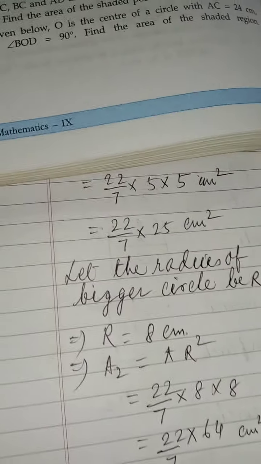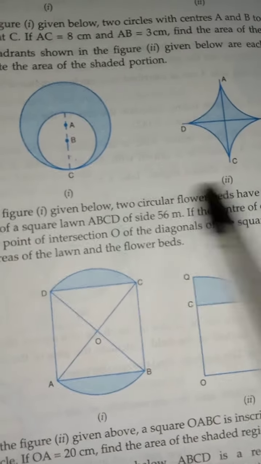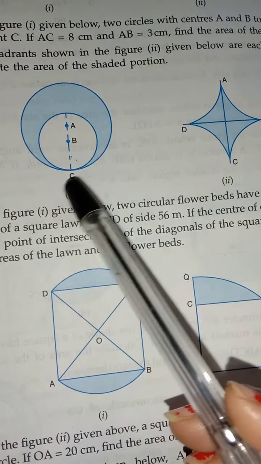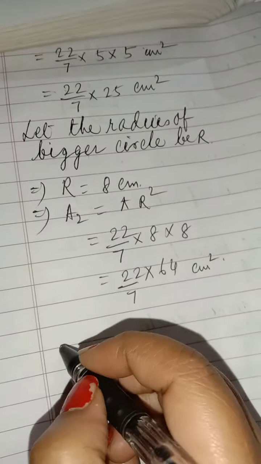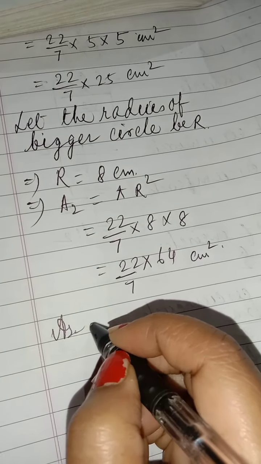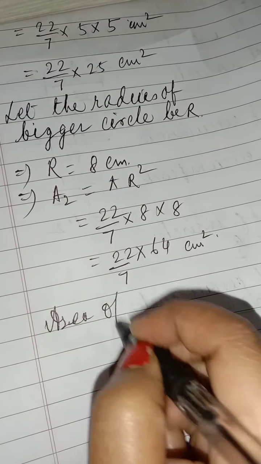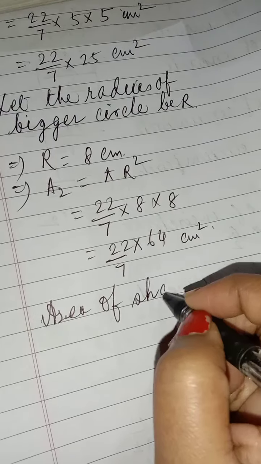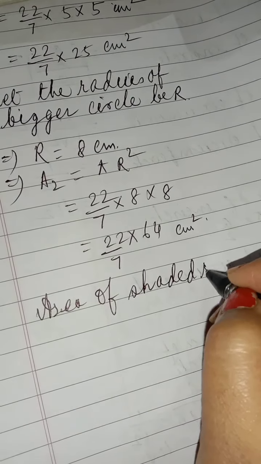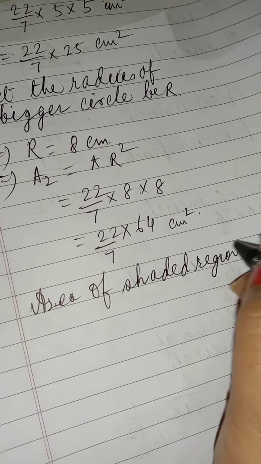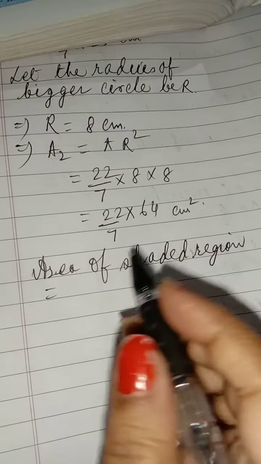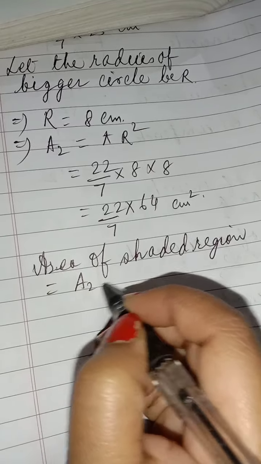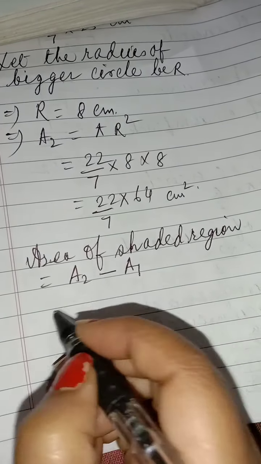Now to find the area of the shaded region, we have to subtract the area of the smaller circle from the area of the bigger circle. So area of shaded region is equal to A2 minus A1.